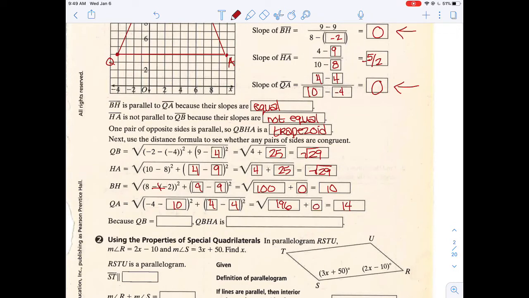So QB equals HA. They're both the square root of 29. And because of that, QBHA is an isosceles trapezoid. It has two sides the same.